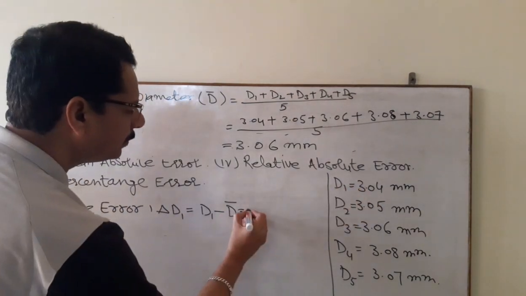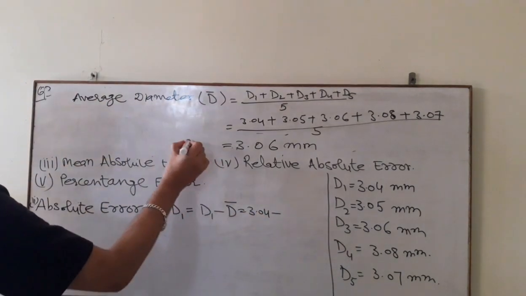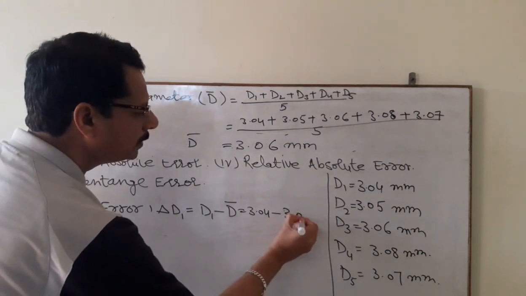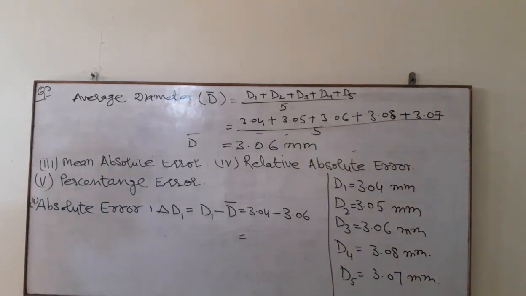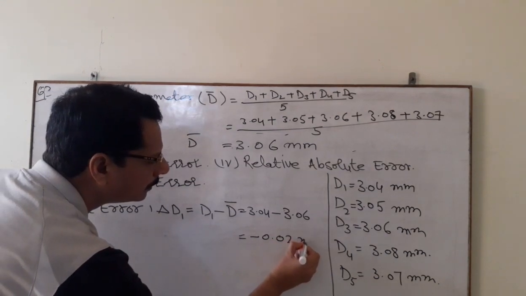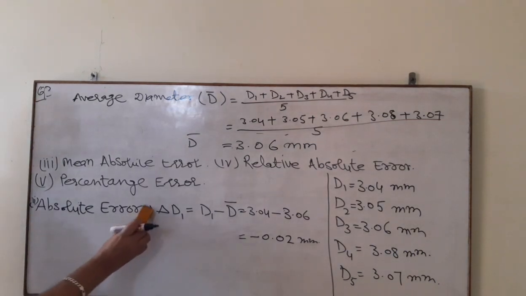D1 is 3.04 minus what is D bar? This is your D bar, which is 3.06, which comes out to be minus 0.02 mm.